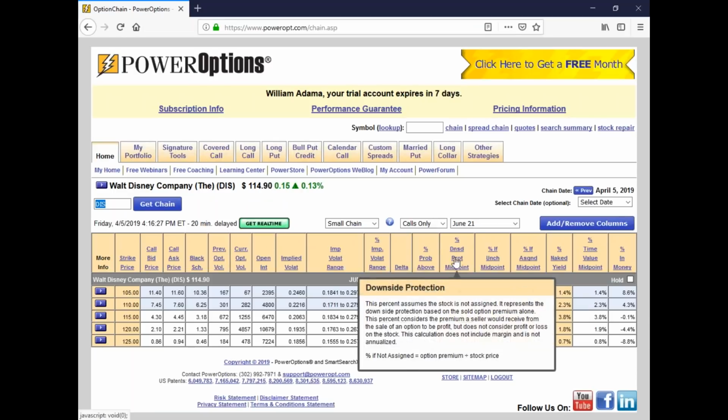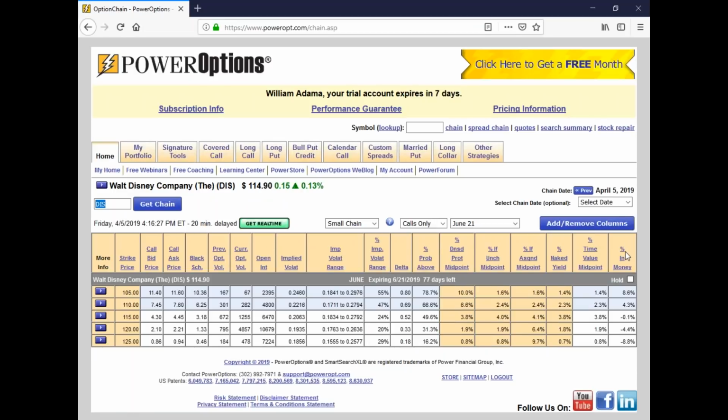Now here I've added more columns, and there's percent in the money, time value, probability, delta, and so forth. What's interesting here, one of the columns I have selected on this chain is the Black-Scholes value. The Black-Scholes value tells me what the option should theoretically be worth based on essentially the current volatility of the stock.